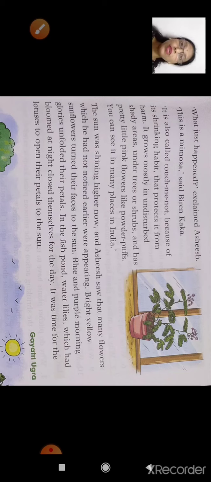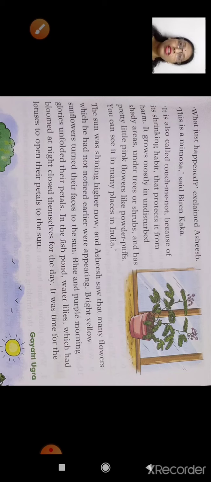Now they kept moving. Now the sun was shining higher. And Ashish saw that many flowers which he had not noticed earlier were appearing. Why so? Actually, when the sunlight appears, the flowers start blooming. Bright yellow sunflowers turned their faces to the sun.